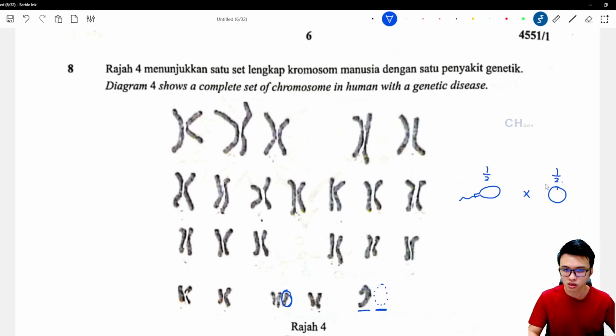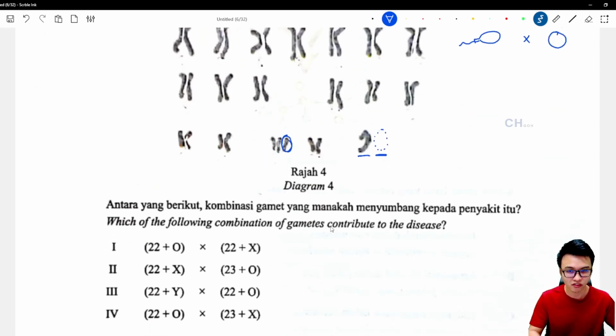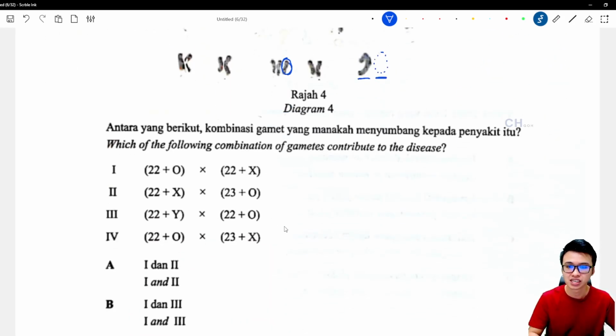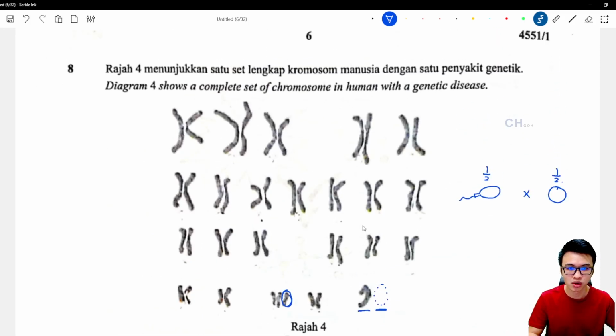So what you need to do, you do it manually. If you really have no idea, you do it manually. If you have experience with this kind of question, you can just see the question and know the answer. I will do the manual method. You try to separate the chromosomes into 2 sets.